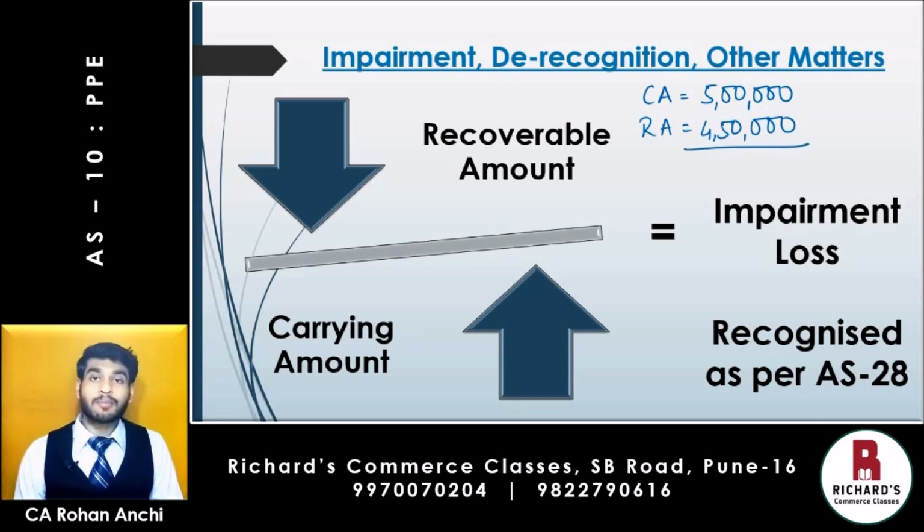Therefore, there is an impairment loss to the extent of 50,000 rupees. And this impairment loss is accounted and treated as per AS 28, which deals with impairment of assets. So a simple formula is: impairment loss is equal to carrying amount minus recoverable amount.